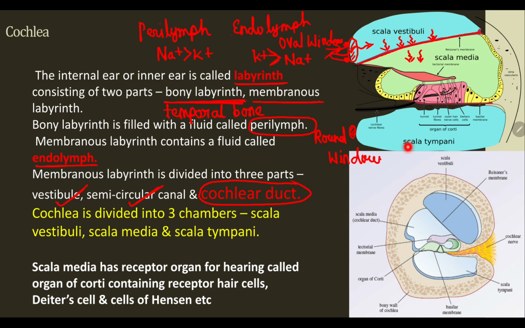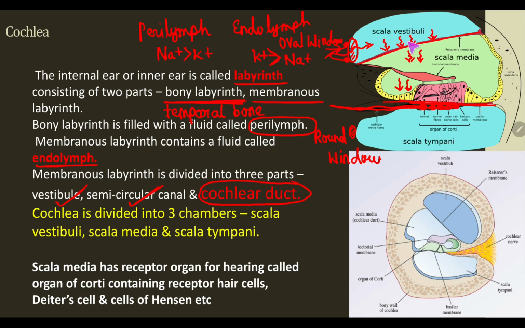When the scala media endolymph vibrates, it causes vibration of one more membrane, which divides scala tympani and scala media. This membrane is called the basilar membrane. At the base of the basilar membrane, the cochlear branch of the auditory nerve supplies.